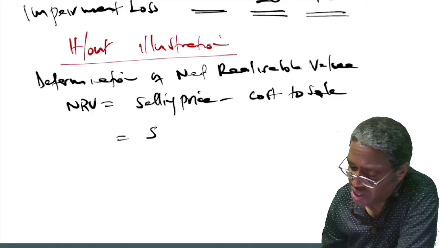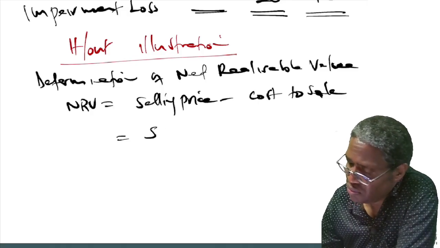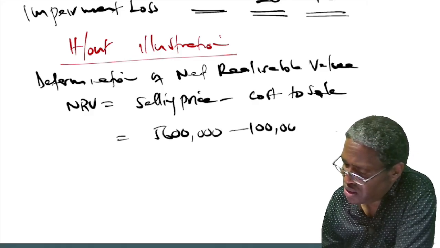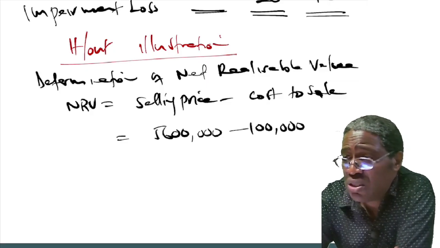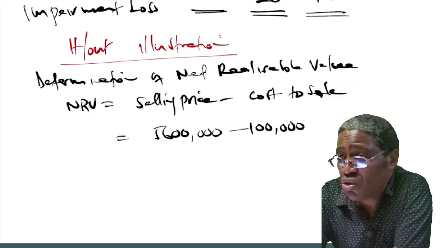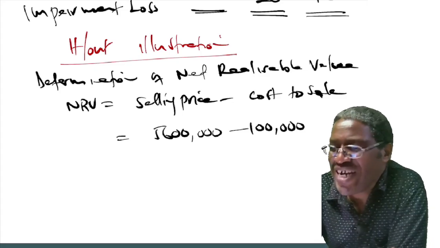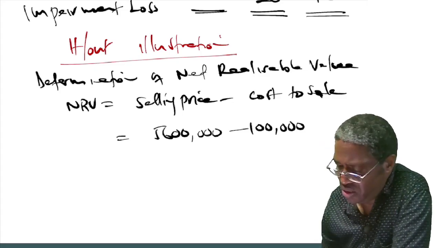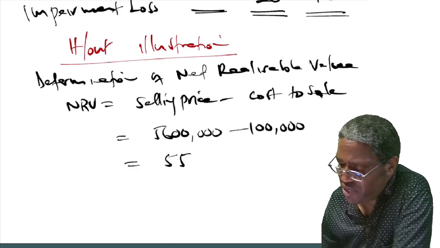So that is the selling price, 5.6 million. But for you to realize that 5.6 million, you will incur a selling cost of 100,000. So your net realizable value, or what you can call the fair value less cost to sell, amounts to 5.5 million. Good.